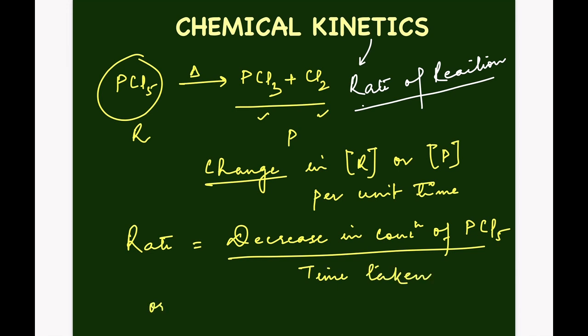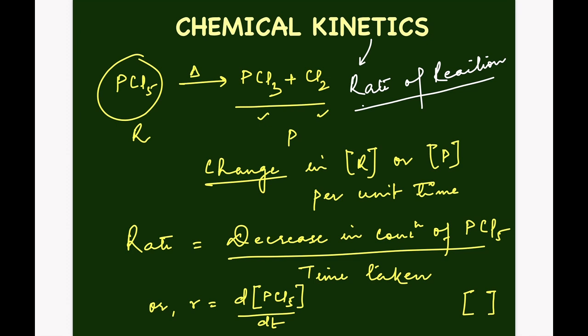Or simply we can write rate will be equal to change in concentration, that is d[PCl5] divided by dt. That is how we write. The concentration of any reactant or product is shown with the help of these square brackets. And d, the differential we are taking, refers to the change that is taking place.